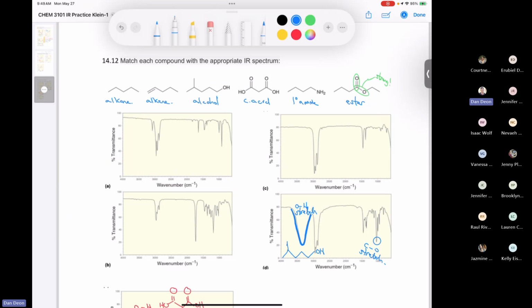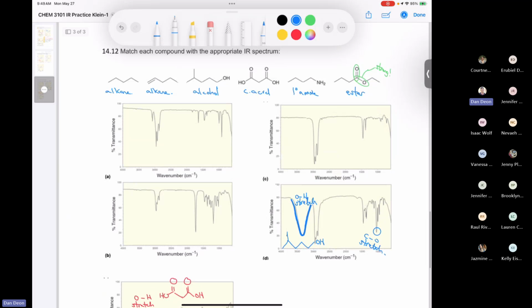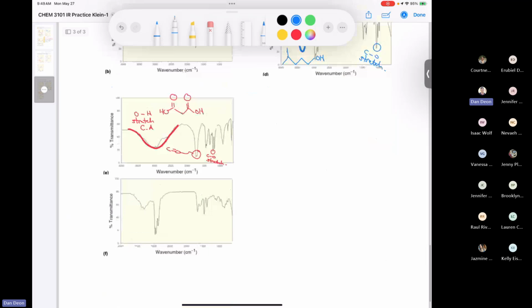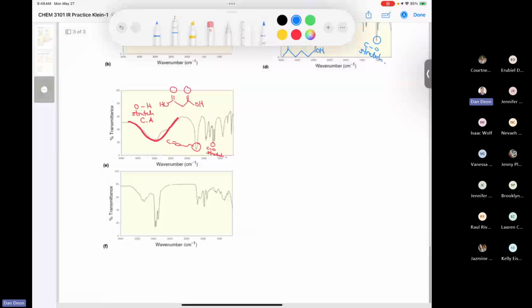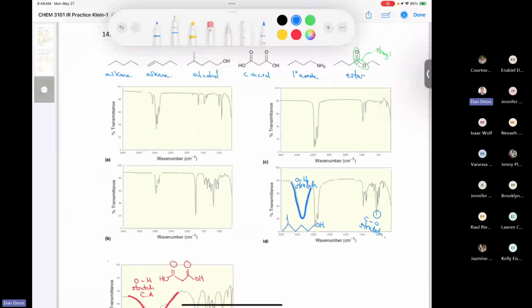What else do we see here? We are looking for an ester, so something else with a carbonyl in it. If we look at everything else, the only other thing that has a carbonyl would be this one here. If I circle in B, you can see at around 1700, so an ester is usually around 1735. Let's zoom in.